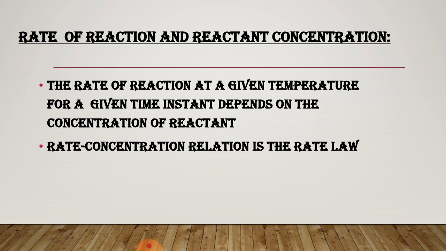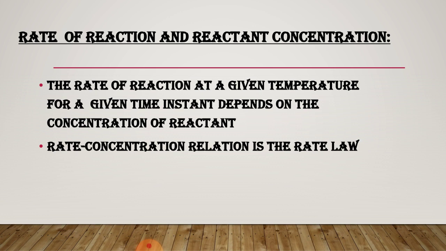The rate of a reaction at a given temperature, for a given time instant, depends on the concentration of reactant. It doesn't depend upon the concentration of product. It depends upon the concentration of the reactant.